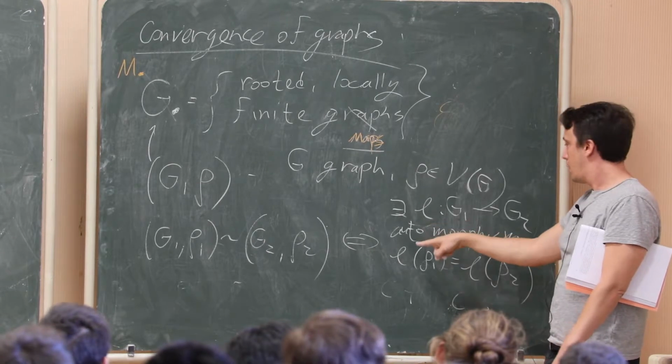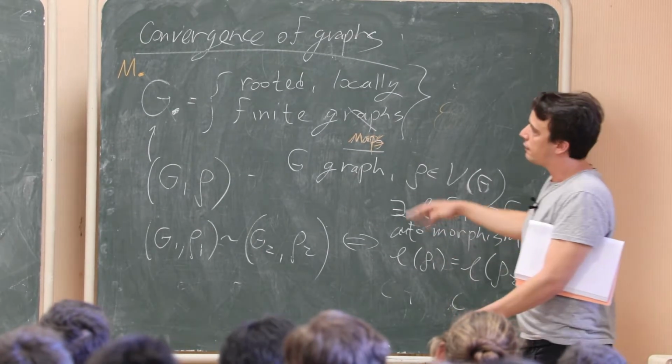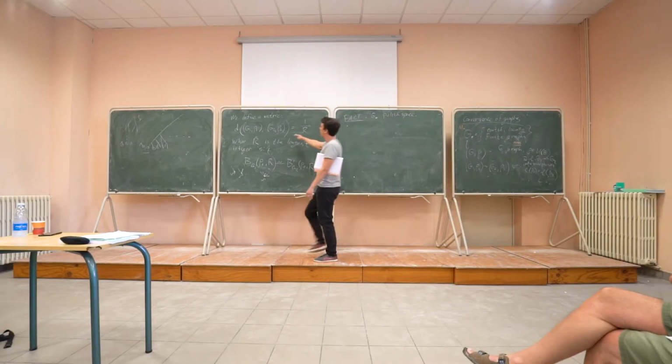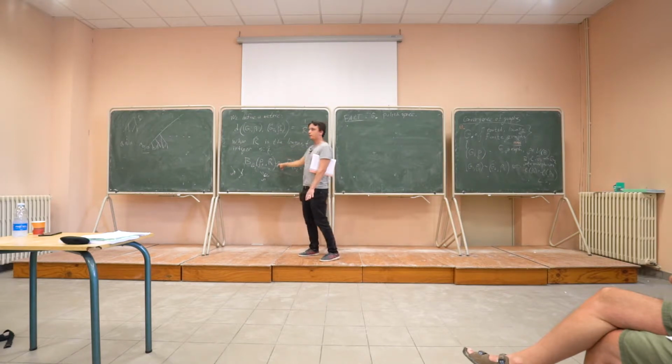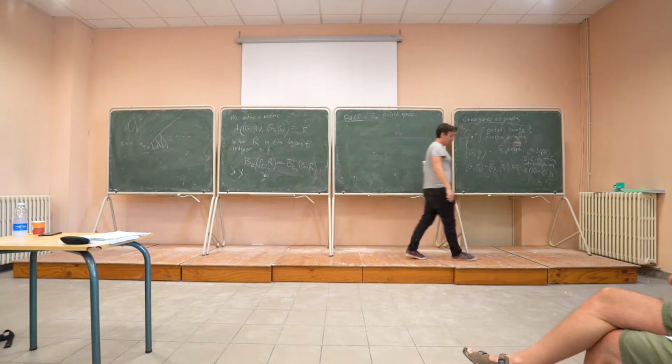So this would be a map automorphism instead of a graph automorphism. And then we can define everything exactly the same way. Here we will just say the largest integer such that this equivalence is a map automorphism instead of a graph automorphism. Okay, so this is one thing.